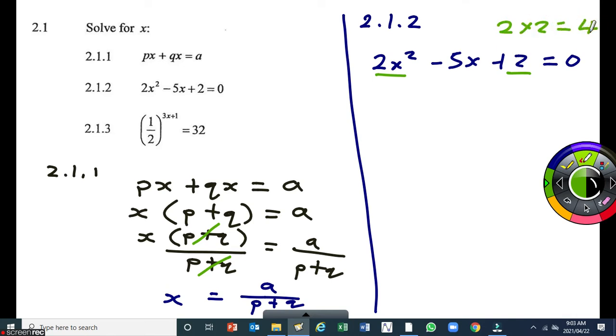Then, which two factors of 4 are such that if you add them, you will get negative 5? Which, remember, the factors of 4 are both negative and positive. So which factors of 4 are such that if you add them, you get a negative 5? It will be negative 4 and negative 1. Okay? Negative 4 and negative 1.